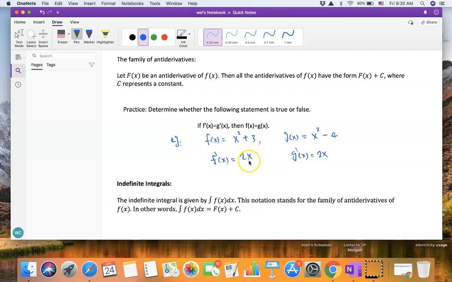So why? Because for the function 2x, the antiderivative of the function 2x is x squared plus a constant.